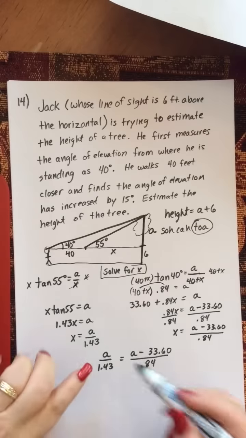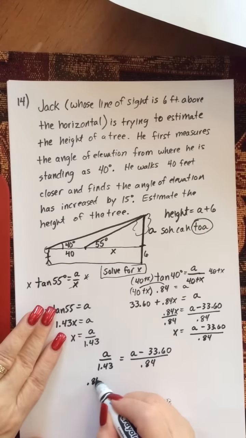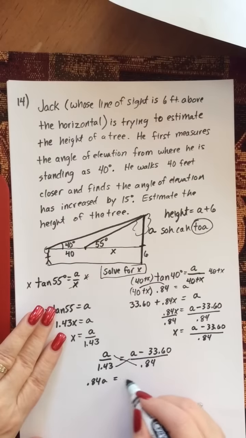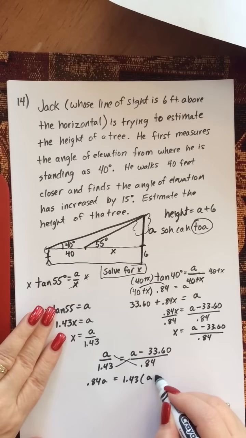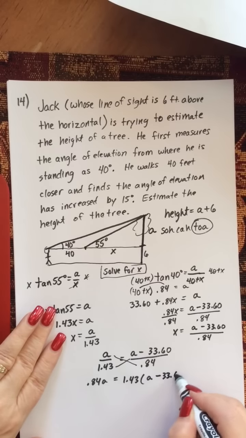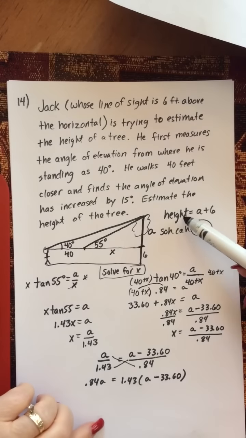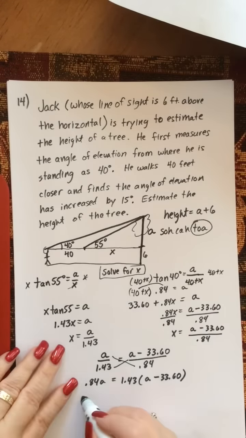Maybe that would be the easiest thing. We could just cross multiply. So we could say 0.84a, so this times this, is equal to 1.43 times a minus 33.60. Remember, the reason we want to know a is because we said the height of our tree is a plus 6. So it looks like we're not that far from solving for it.